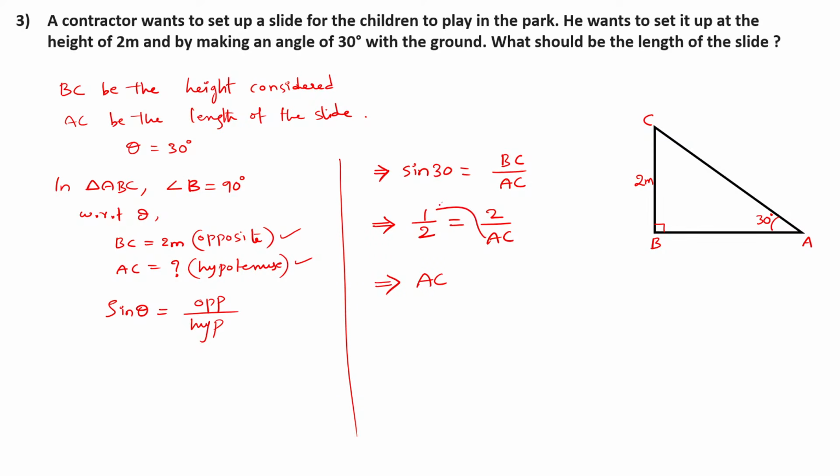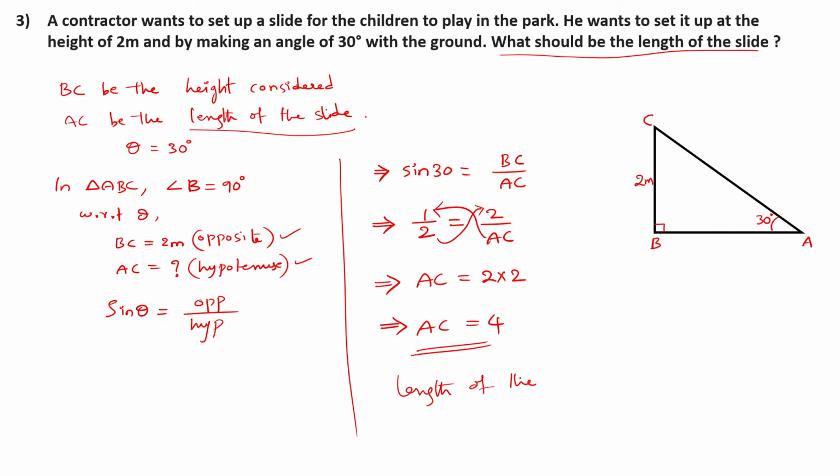AC, you transpose this side. So 2 goes this side. So 2 into 2, so AC value you have 4. AC is nothing but the length of this slide. That means what should be the length of this slide? The length of the slide must be how many meters? 4 meters.